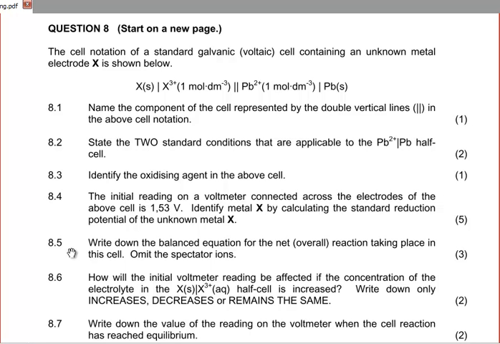If we go to question 8.5, it says write down the balanced equation for the net or overall reaction taking place in this cell. Omit the spectator ions. Remember, we said that our spectator ions actually watch a reaction taking place, and as a result they will not participate in the reaction.